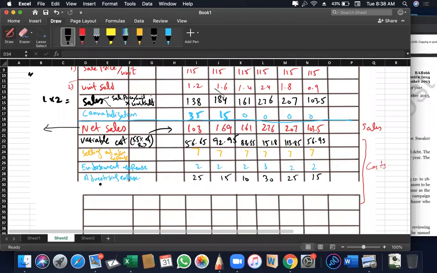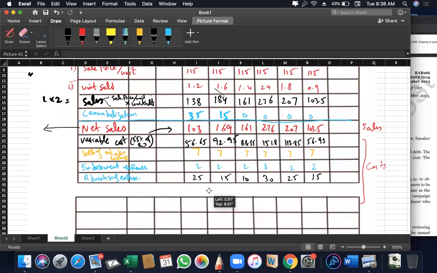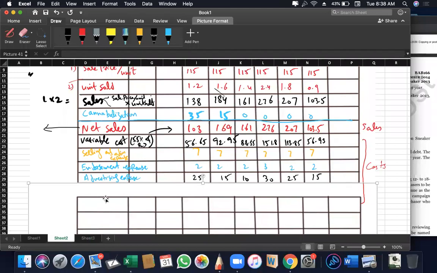Now we have to start the depreciation. Depreciation is charged on fixed assets, except land.